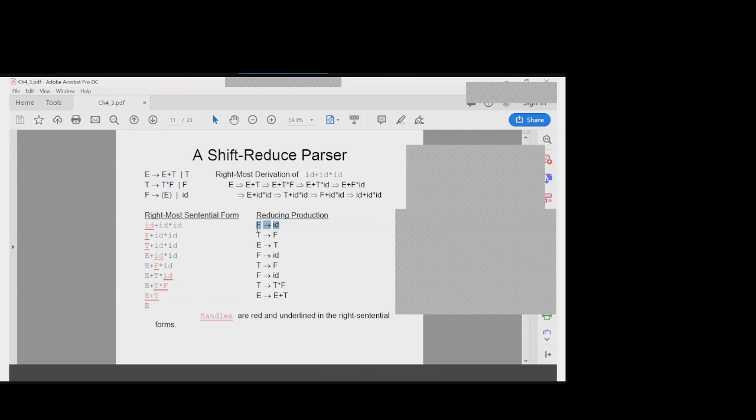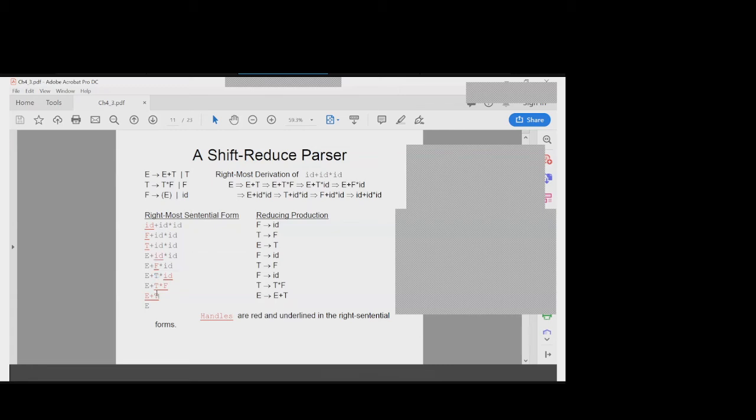Right now it is very simple: you have to reduce this ID to F. Then you reduce F to T, and then T to E. Now you have another ID. So here you are reducing this ID to F, same thing. Then you are reducing F to T, right?